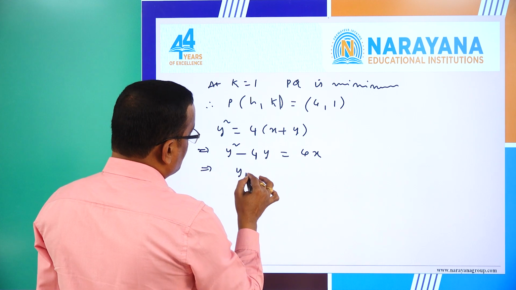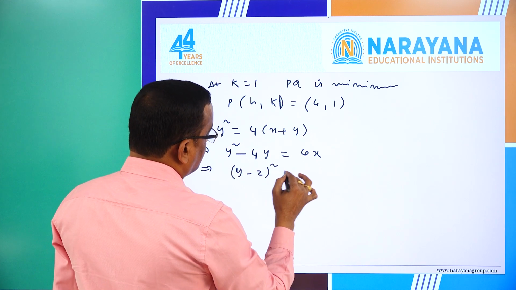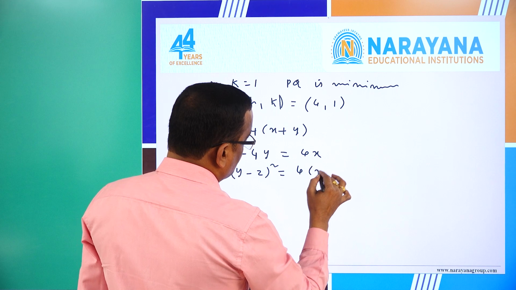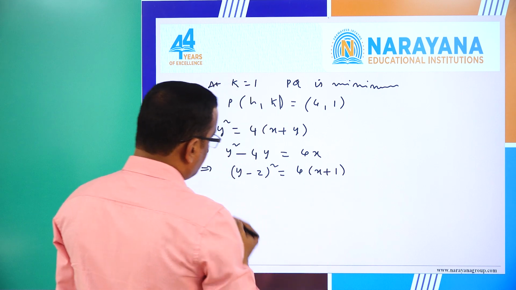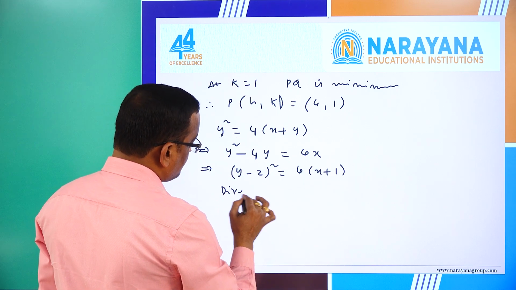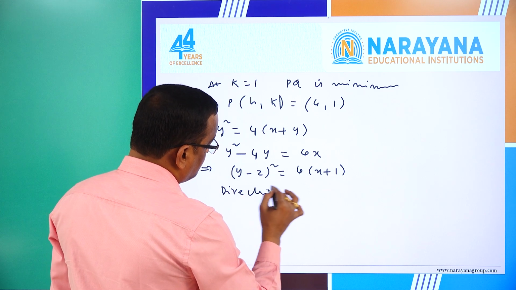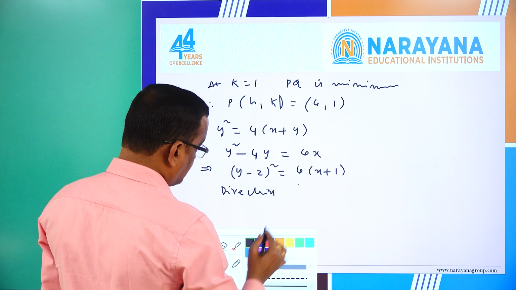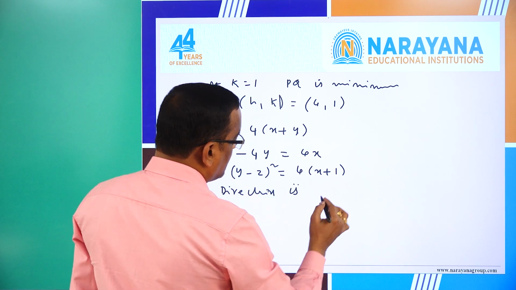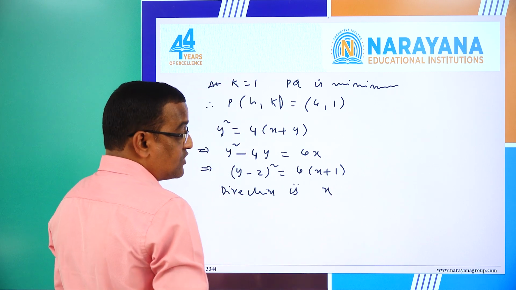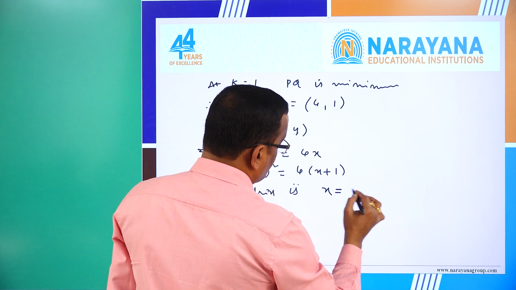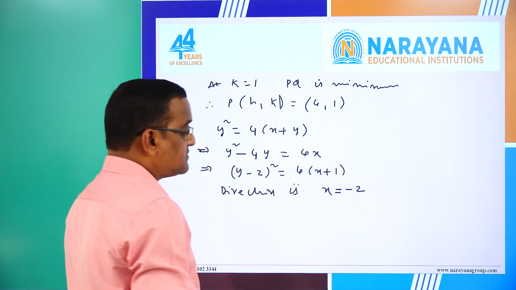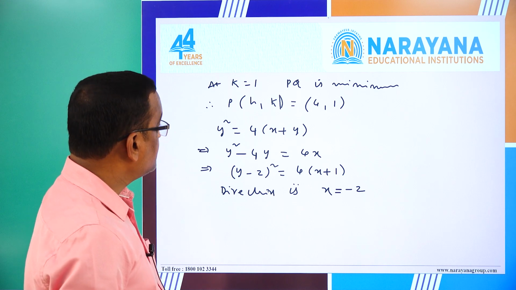This is y minus 2 whole square is equal to 4 into x plus 1. Now the directrix is x plus 1 is equal to minus 1. So we get x is equal to minus 2, or x plus 2 is 0.